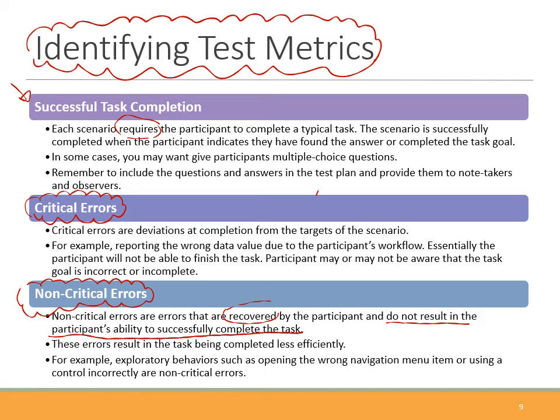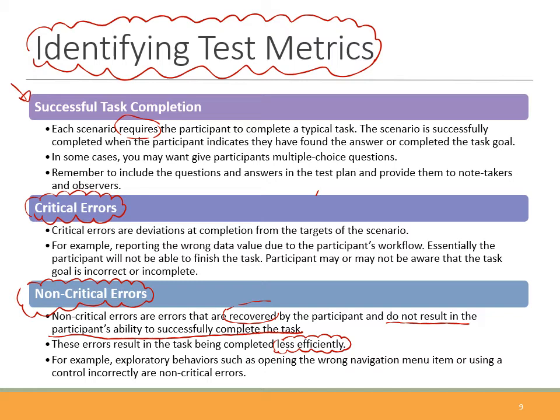But of course, with non-critical errors, although users can complete the task, they are performing the task less efficiently, because during the use of the system, the users come across certain errors, mistakes, and so on, right?